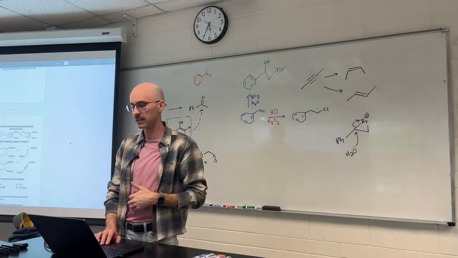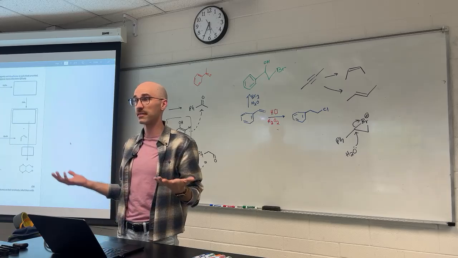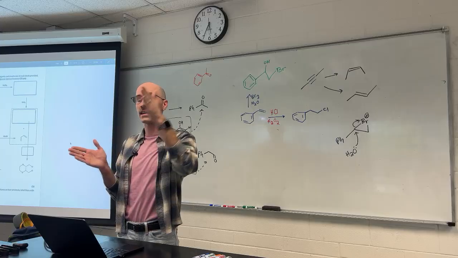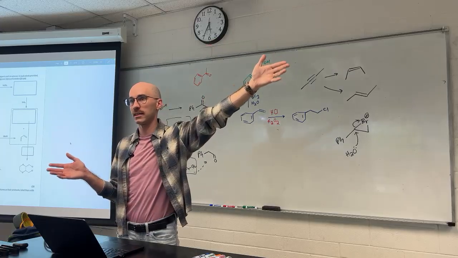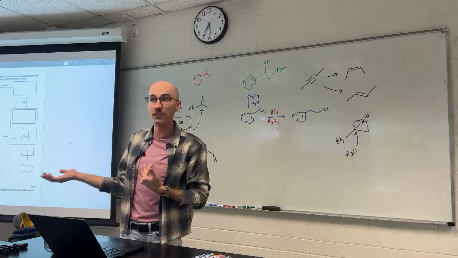I like that because it demonstrates synthesis, that organic chemists will start somewhere and take it to a very different place. And it shows that a lot of things are connected. There's a lot of different avenues you can go down.